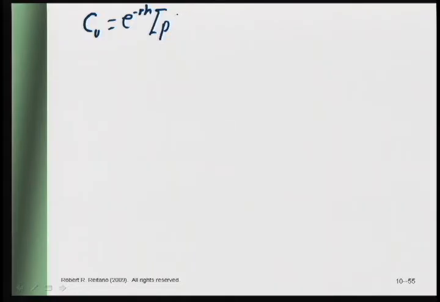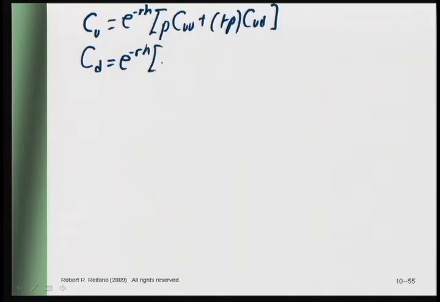So I'm going to use P times CUU plus 1 minus P times CUD. So that was the formula. That's the expected present value of the option in the up state. We similarly have the value of the option in the down state. Now we're applying P to CUD, and we're applying 1 minus P to CDD.